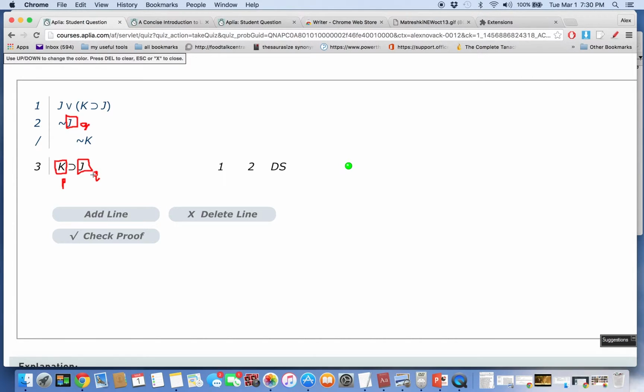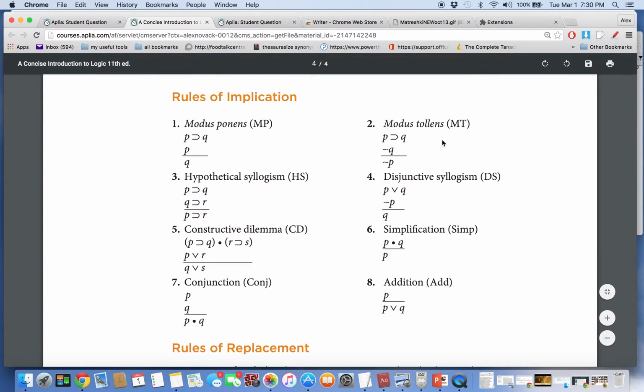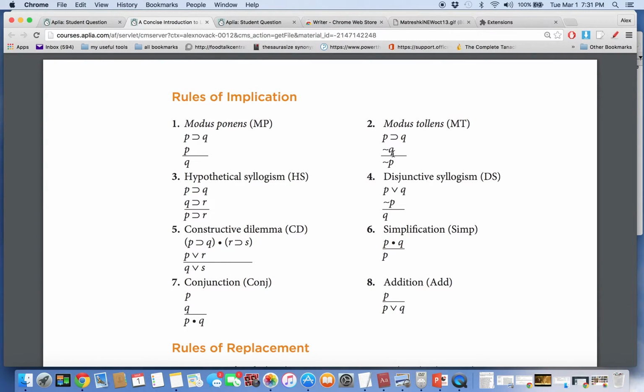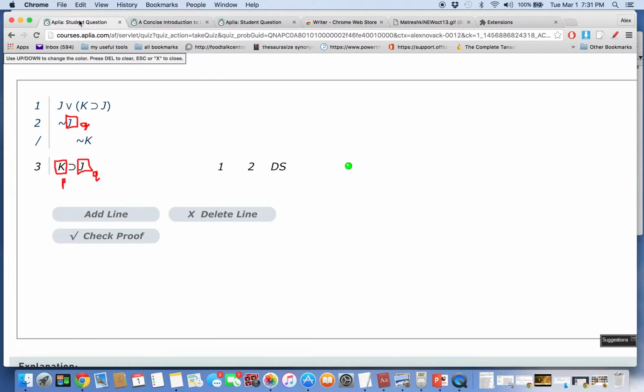We've made them exactly match the blueprint for the rule modus tollens, right? P horseshoe Q, second parent tilde Q. And remember, it doesn't have to be in that order with the horseshoe parent first and the tilde chunk parent second. It can be in any order, and in this case, it is. It doesn't matter the order; it just matters that we have the complete set.